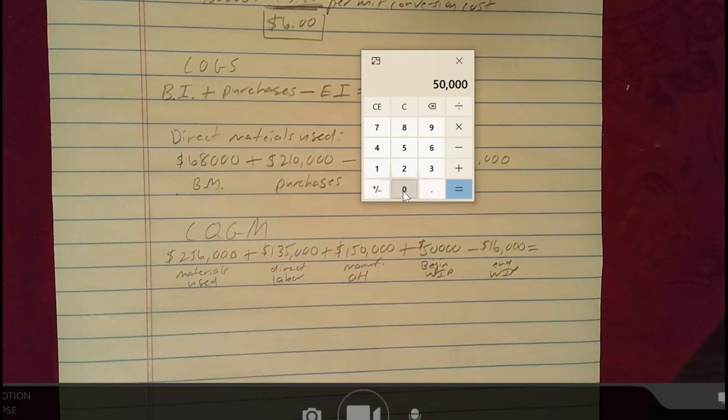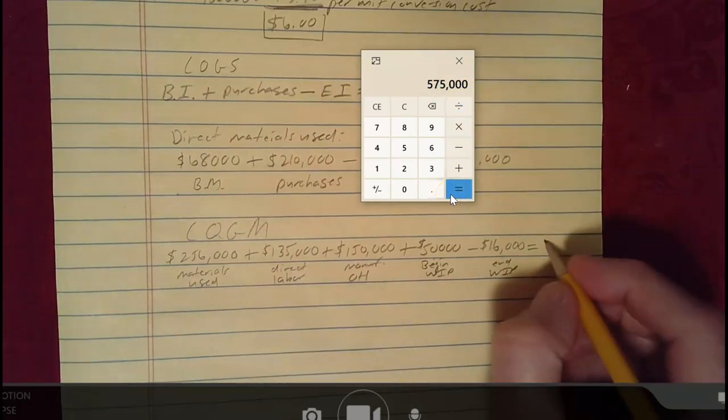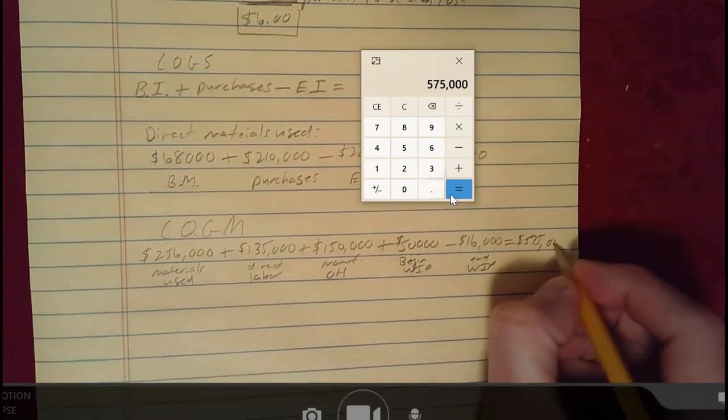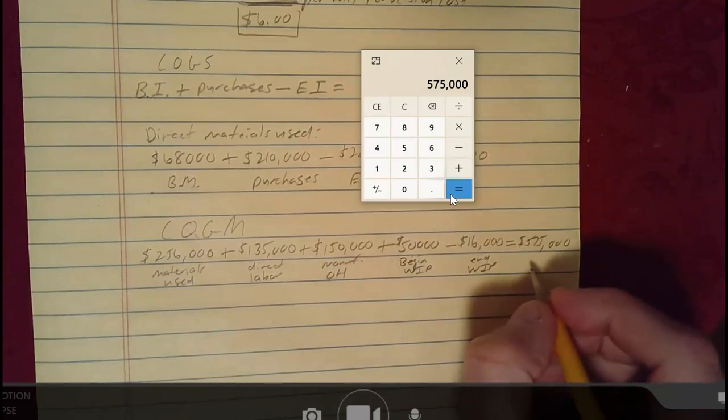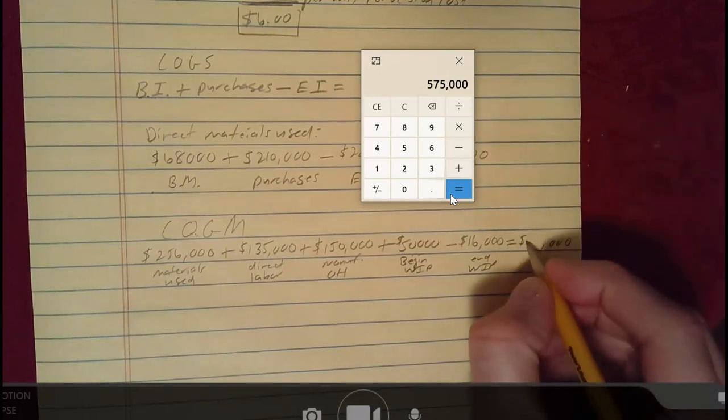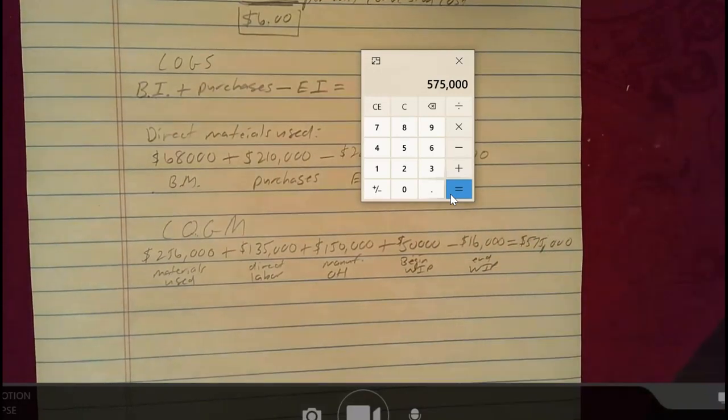That's value of work in process that was not completed, minus $16,000 that we still have left. This $16,000 has not been completed, equals $575,000. Not sure if I can fit that in. I think we can. That's $575,000.